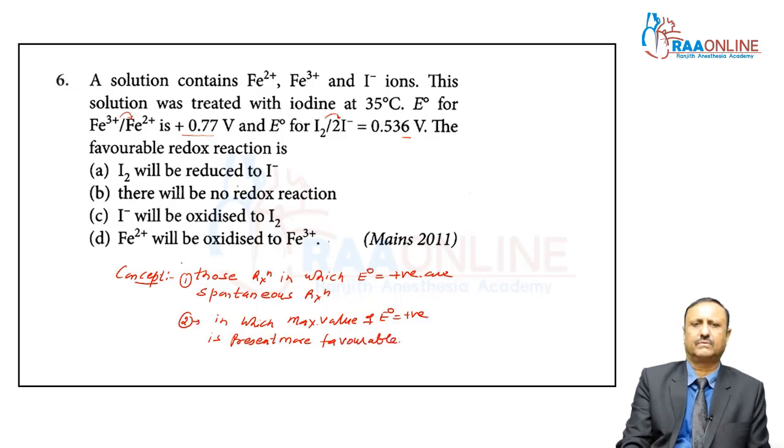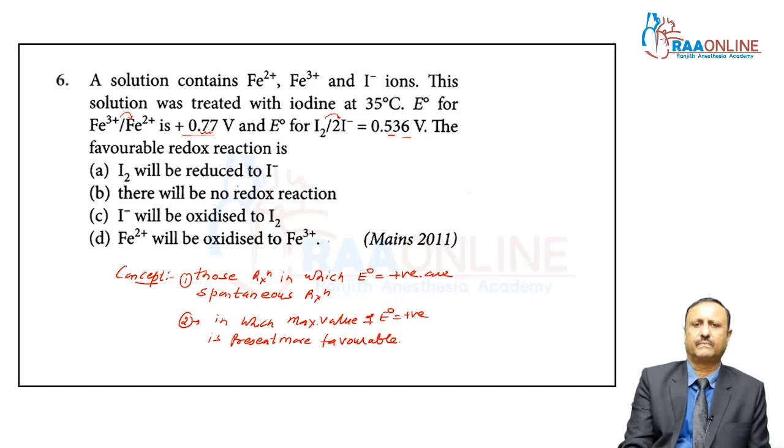So, my dear students, you can see 0.77 is greater than 0.53, so it is more favorable. So, you can go to this favorable redox reaction.